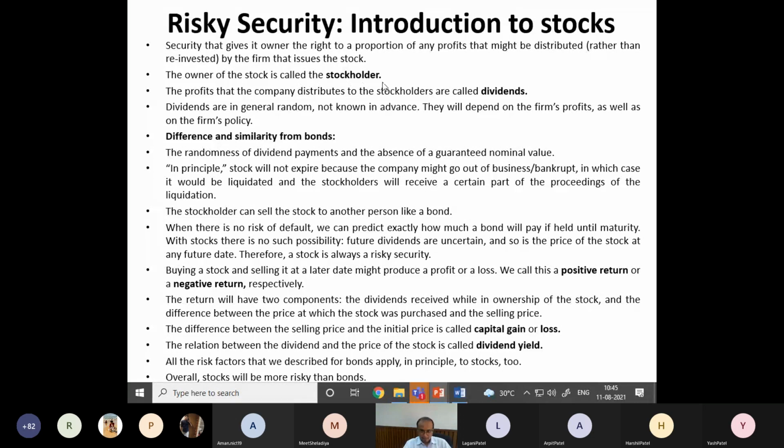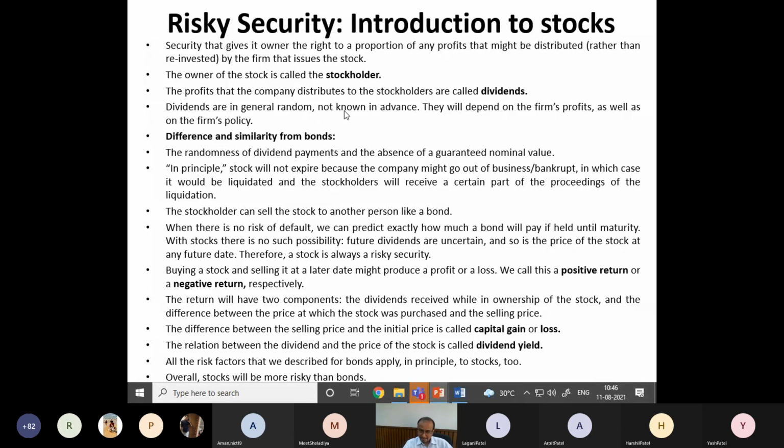The owner of the stock we call the stockholder, and the profits that the company distributes to stockholders are called dividends. So usually bonds pay interest, but stocks pay dividends, and those dividends are random. They are not like a coupon. So you can compare coupon and dividend now.